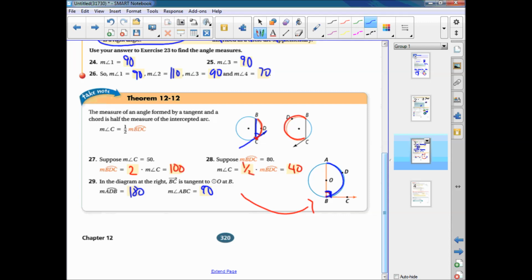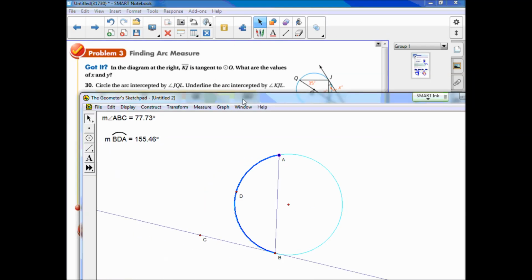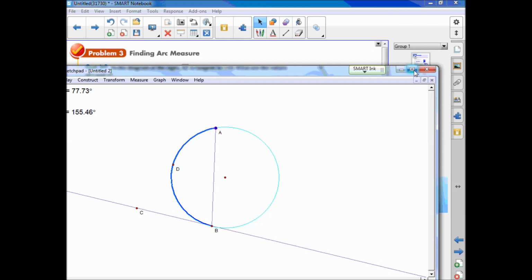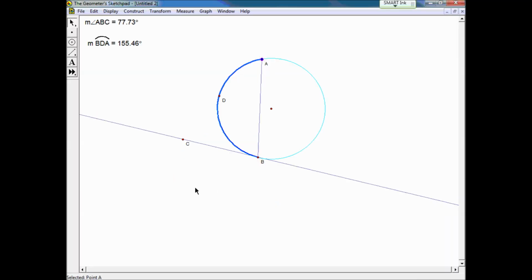All right, let's flip it over and look at our last page. Okay, so before we do the last page, let's take a look at what that last theorem said. Okay, so here is a line of tangency, a tangent line CB. The point of tangency is at B. And I've constructed an arc, ADB, so you can see it in blue here.